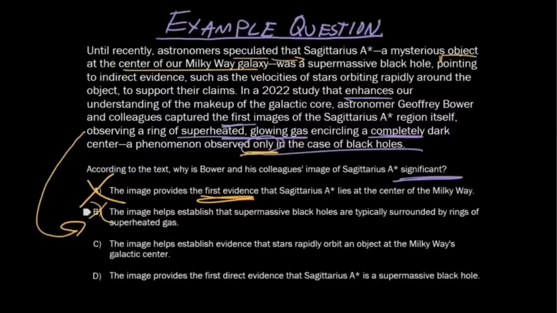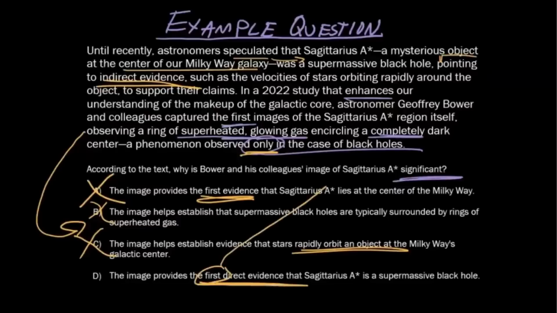This image, we already know that this is something that happens with supermassive black holes. Right? Now C, the image helps to establish evidence that stars rapidly orbit an object at the Milky Way's galactic center. We already know this. We already have the indirect evidence, so this is not correct. Now, the image provides the first direct evidence. This is significant. Again, we're kind of tying back, we're correlating our QTA, our question text answer here.